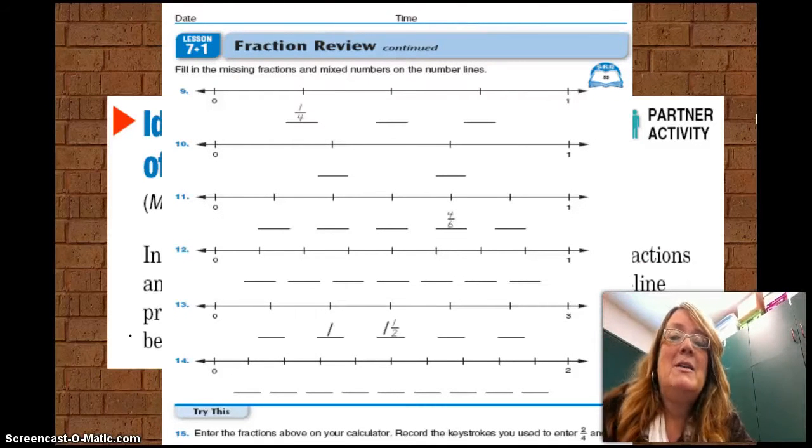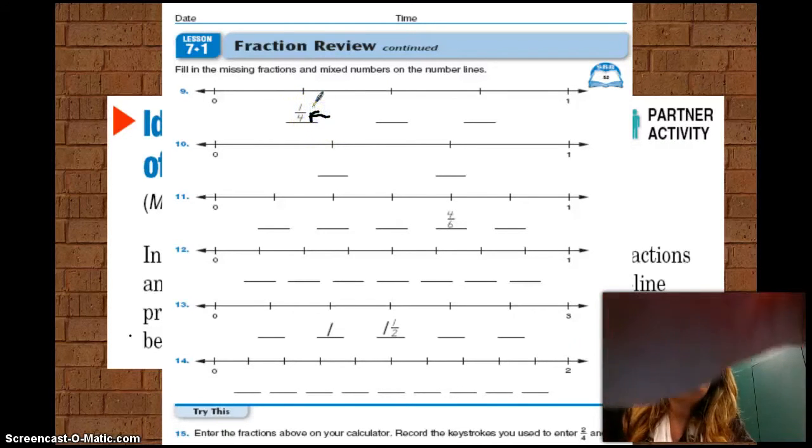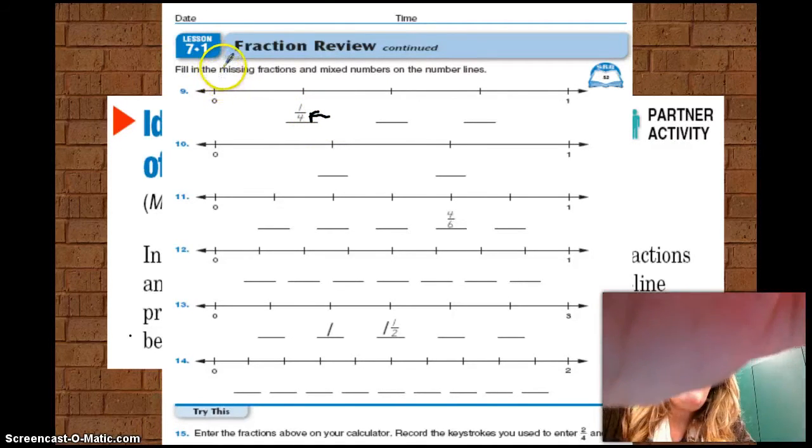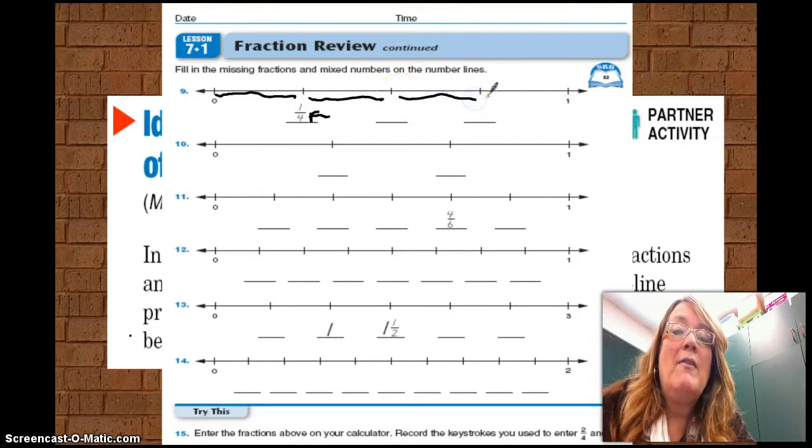The best way I can describe this to you to know what your denominator number is going to be is to say, how many parts do you have on this number line? If you look right here, you have 1 part, 2, 3, and 4. So your denominator is the number 4.